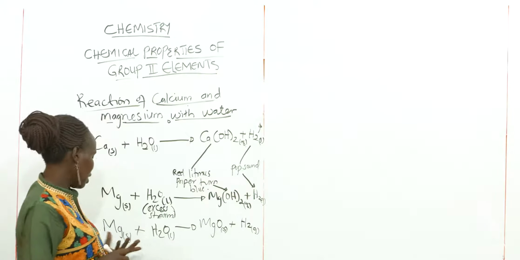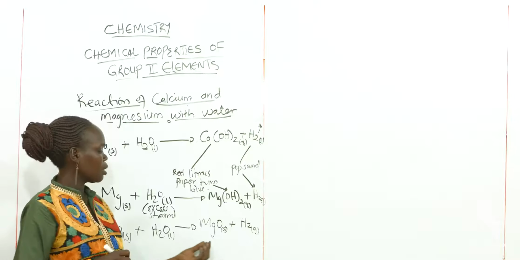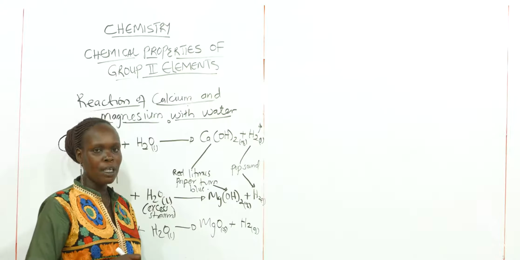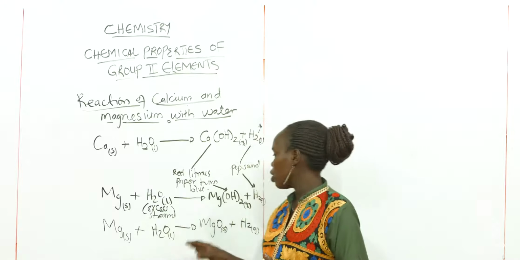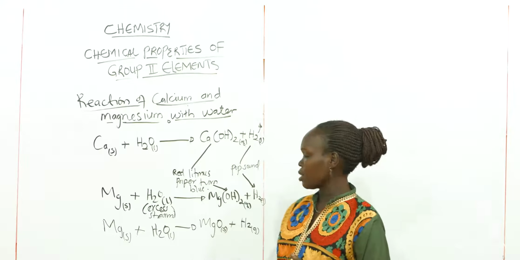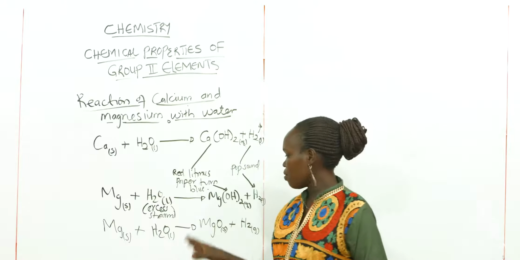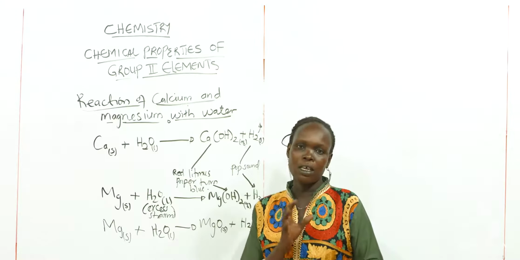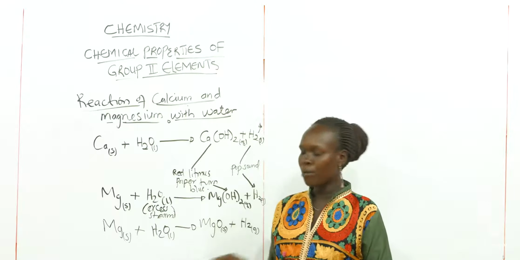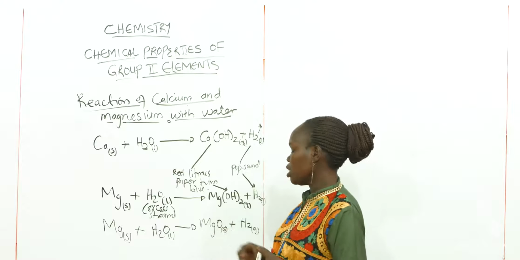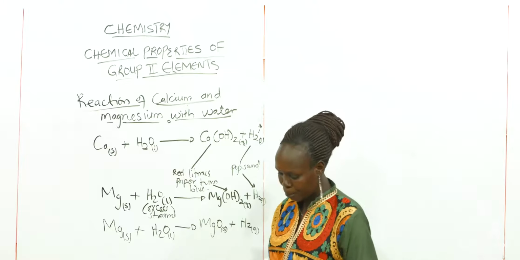For the second reaction, where you have less water, it will give us magnesium oxide and then hydrogen gas. So you will not get confused about these products: if you have magnesium hydroxide, it means the steam is more, and when you have magnesium oxide, it means the hot water or steam is a bit less. That is why it gives you magnesium oxide and hydrogen gas.